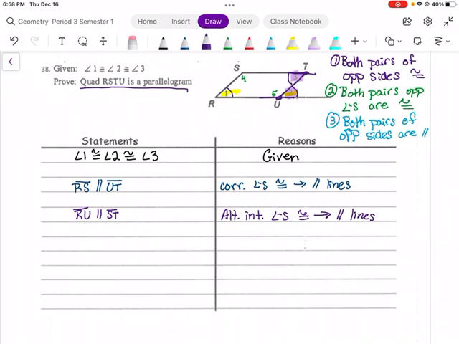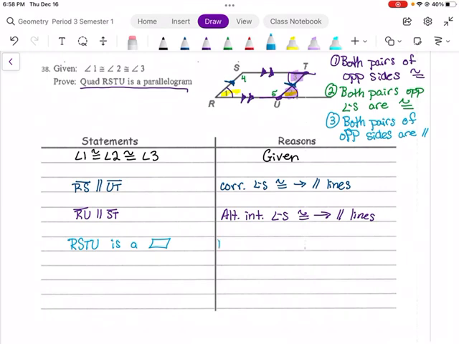Now, if we mark all of this on our diagram, we showed that RU is parallel to ST, and we showed that RS is parallel to UT. So we showed that both pairs of opposite sides are parallel. So now we can say that RSTU is a parallelogram.